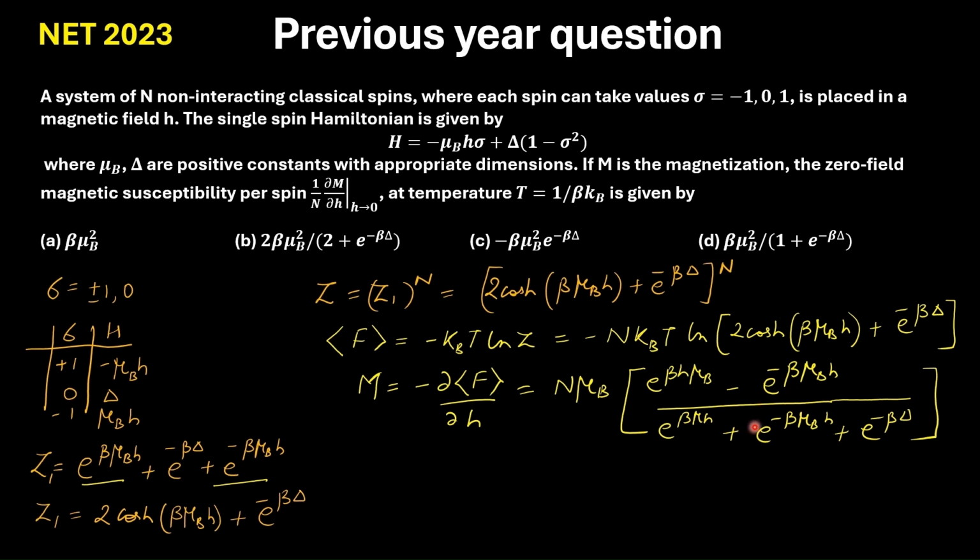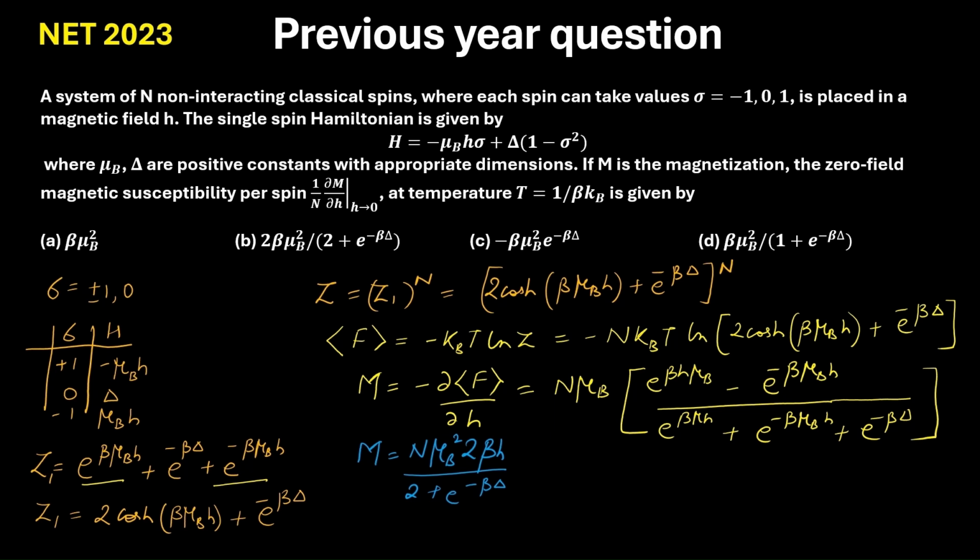When you do the expansion, you can simplify the term and you will get an expression like this: M is equal to N mu_B squared beta H by [2 plus e to the power minus beta delta].